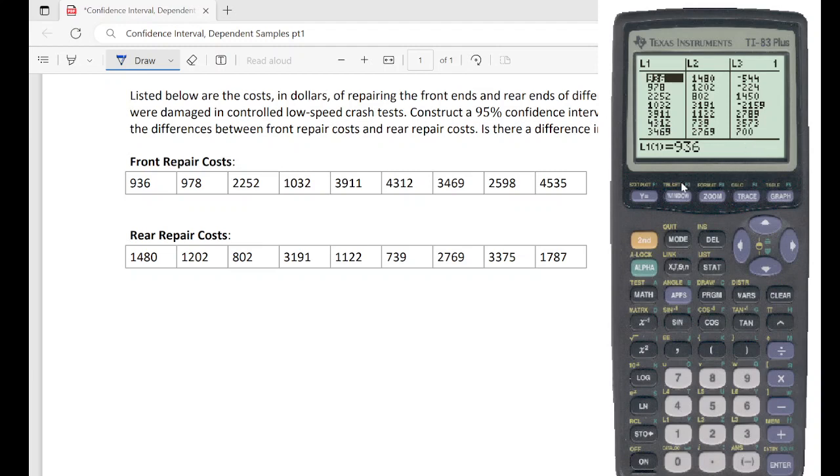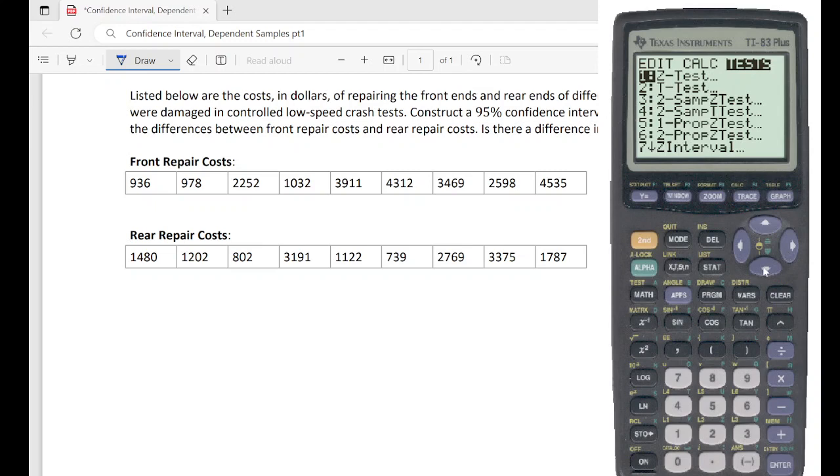Once we got everything in there, we're going to go back to Stat, over to Tests, and since we want a confidence interval, we are going to use T-Interval. So we're going to hit Enter, and we only have data, so we're going to select that. Our list is L3, so it's right there.